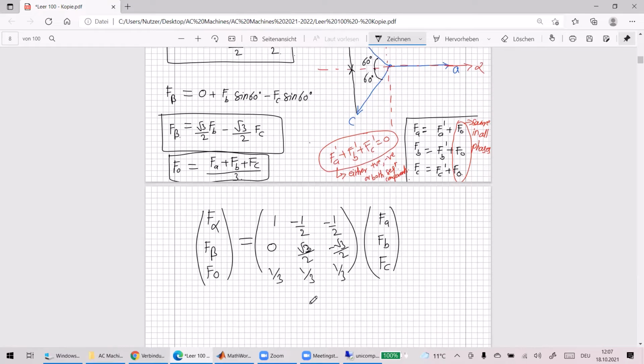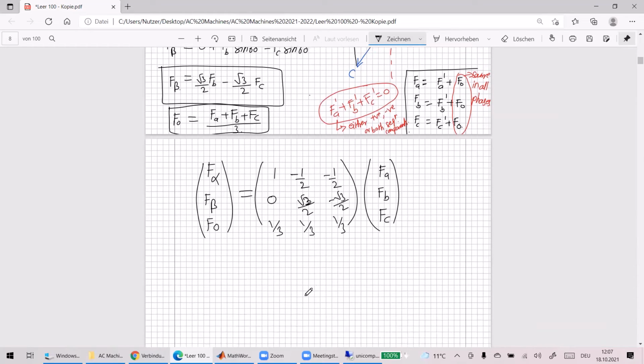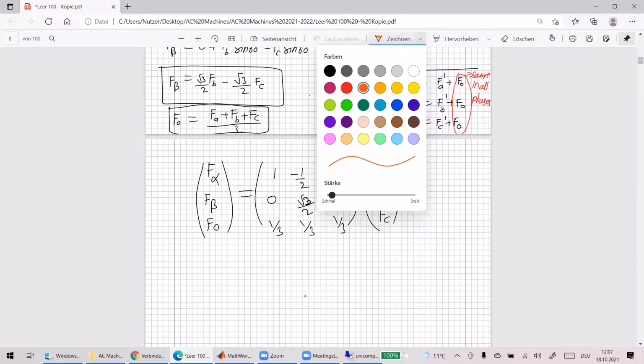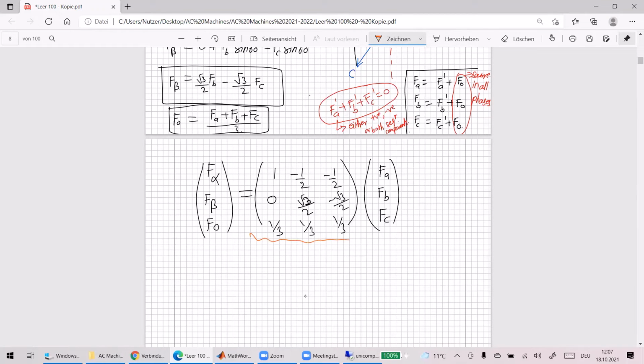This is the matrix. This is your Clarke transformation matrix. You may have some questions, but I will come to that later.